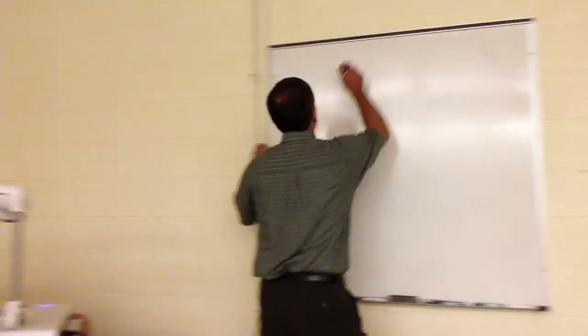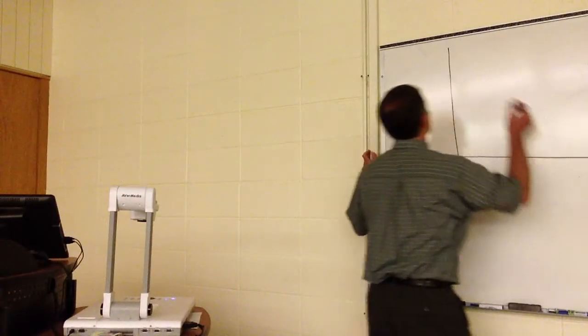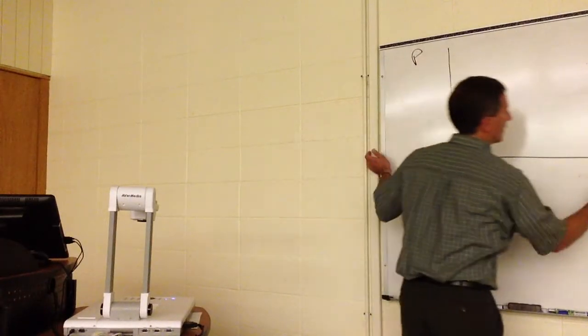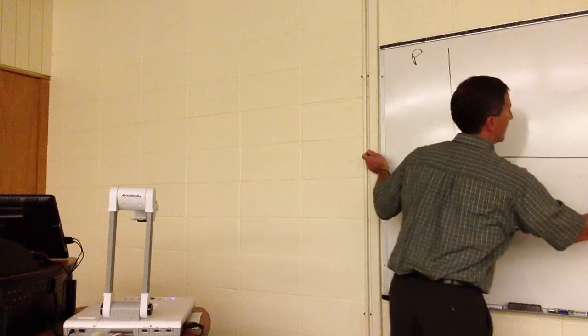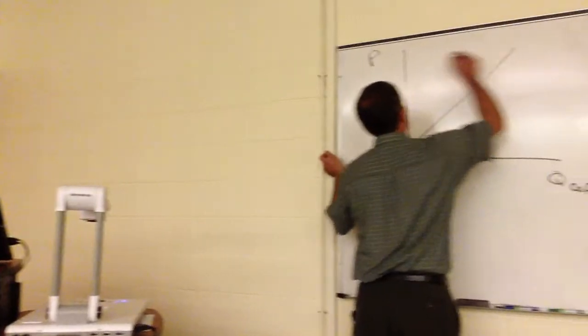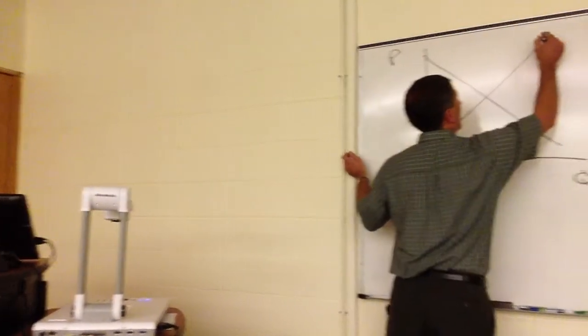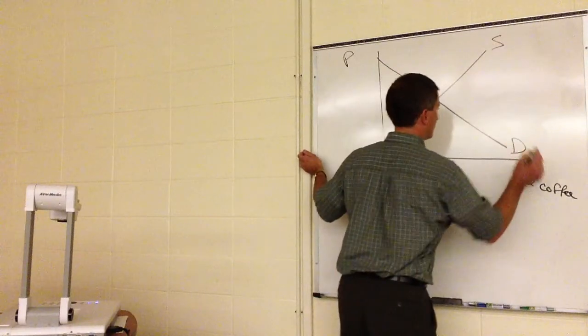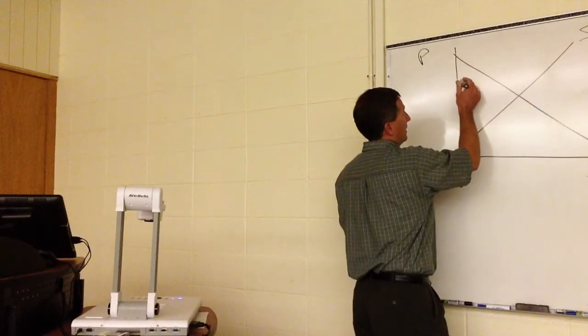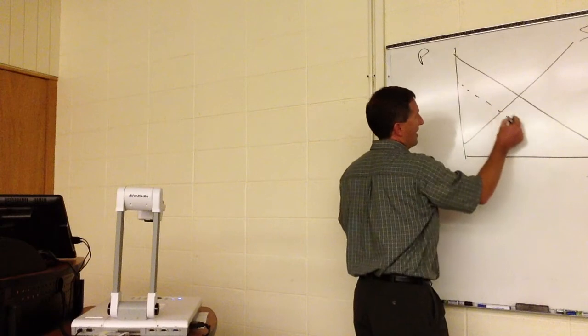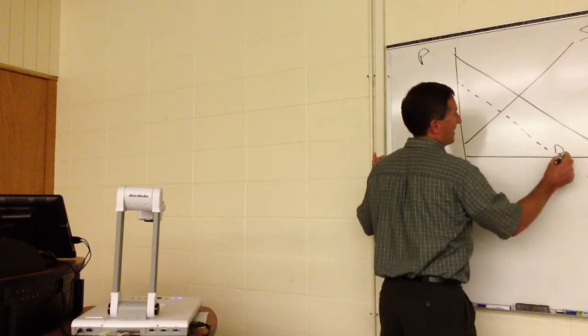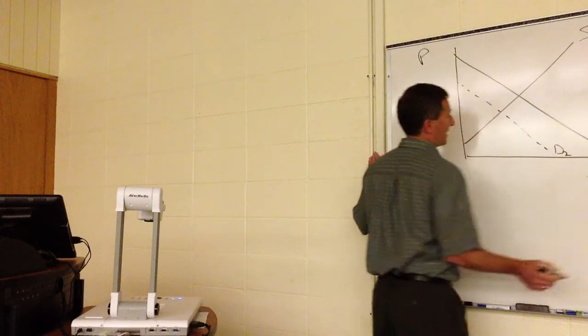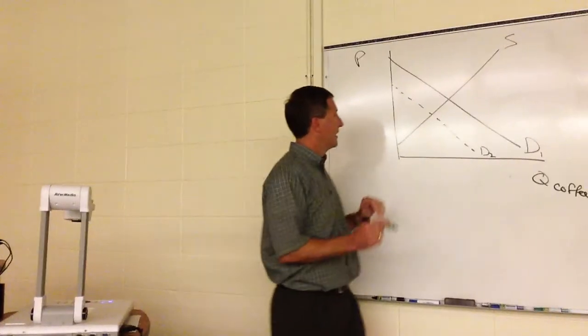So, first part, what happens here? The tax. And we're taxing who? Consumers or producers? I feel like we're always taxing consumers. I think it's to kind of challenge you a little bit.